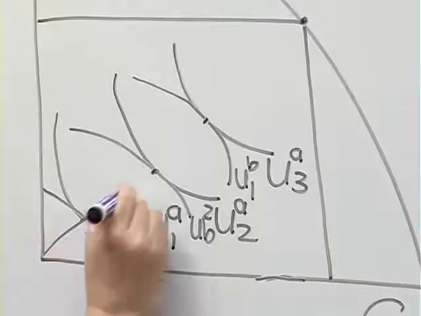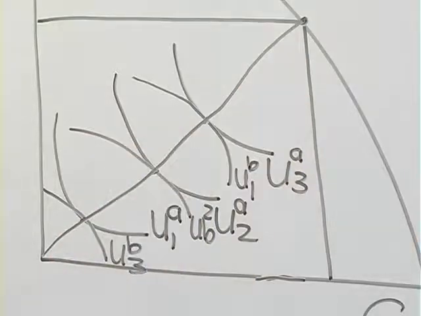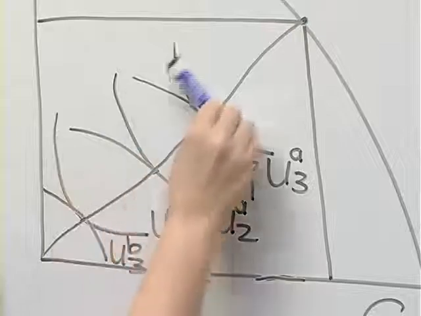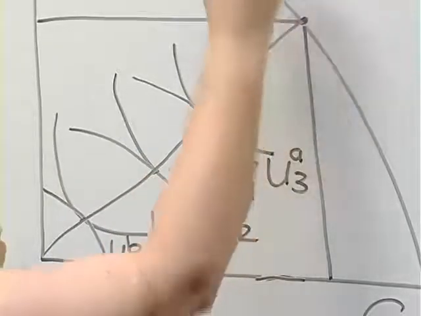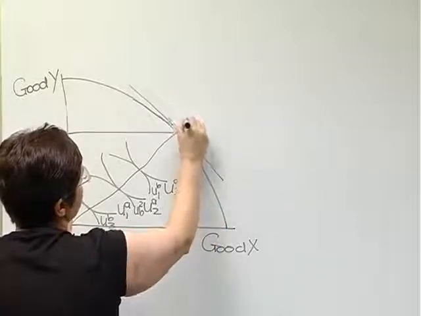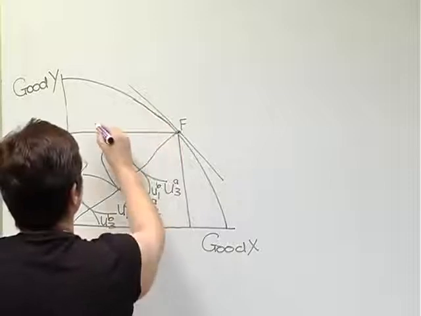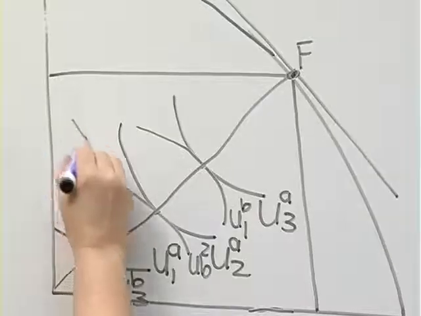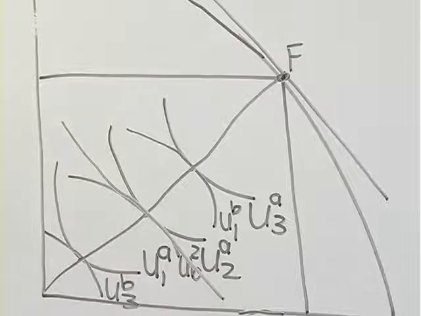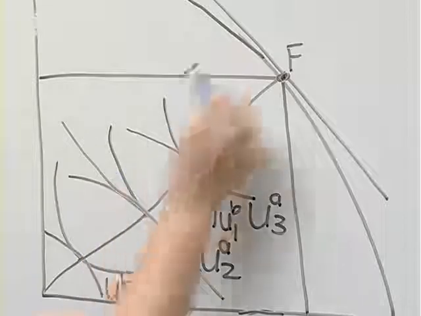Now you draw the line there, and what we say is that the line drawn tangent to these curves must be parallel to the line drawn to that point. So say that is point F. This point is going to be also parallel, sorry for the skew line, but it should be parallel to that point.